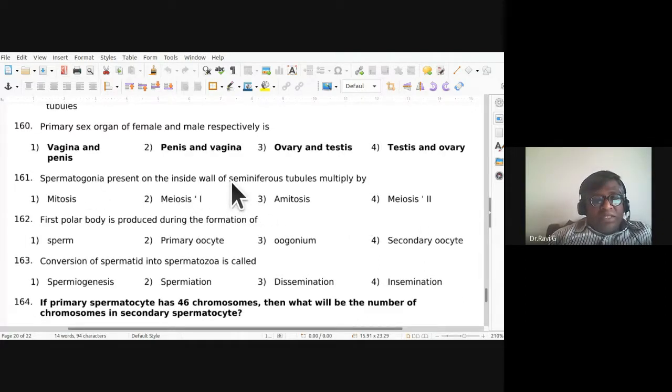Spermatogonia present on the inside walls of seminiferous tubules multiply by mitosis, or is it by meiosis? It is by mitosis they multiply. So 161st, A is the right option.